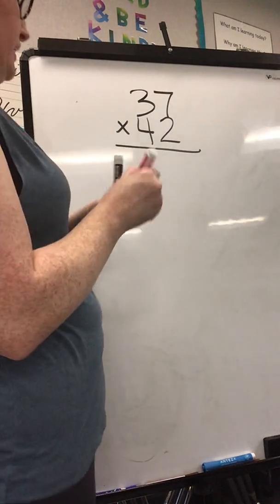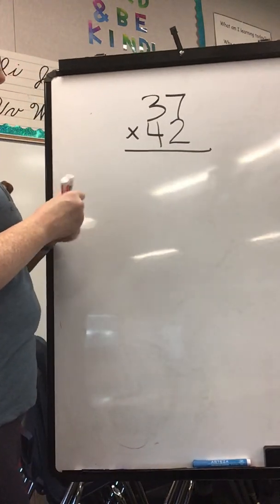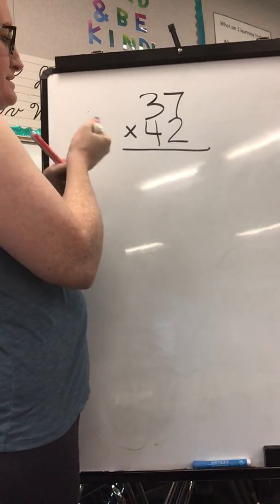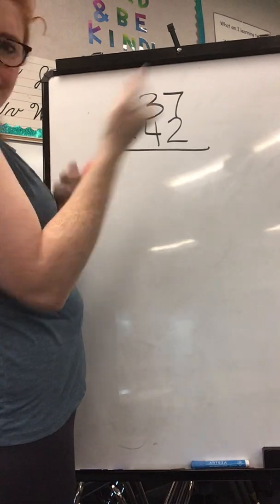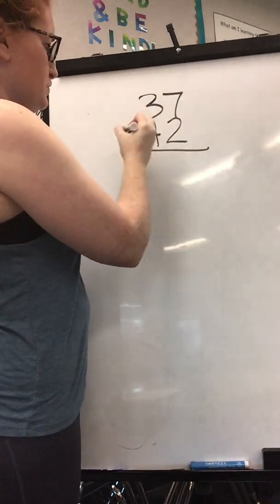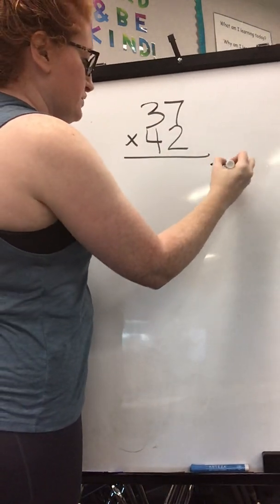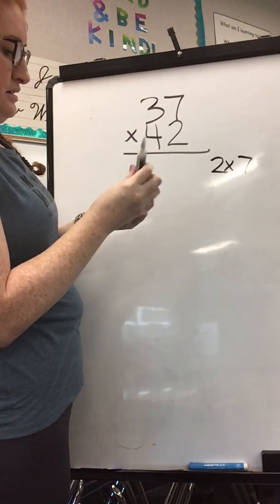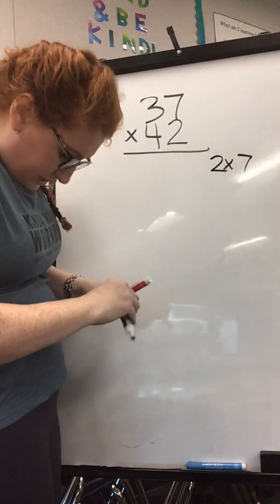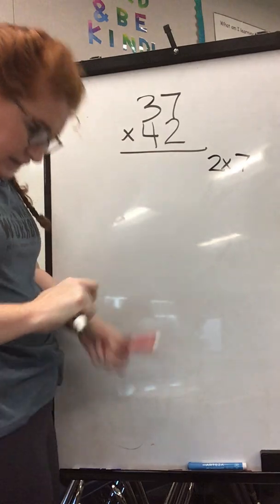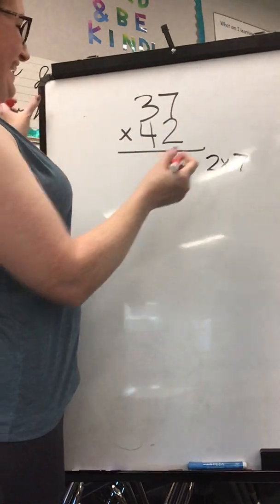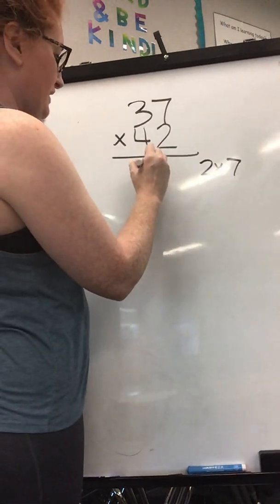Okay, so again, remember that we are starting with the ones place. So 2 times 7, that's going to go over here. I'm just a hot mess today, aren't I, guys? All right, 2 times 7, that's going to give us 14.